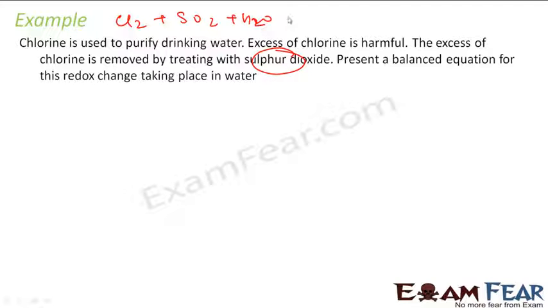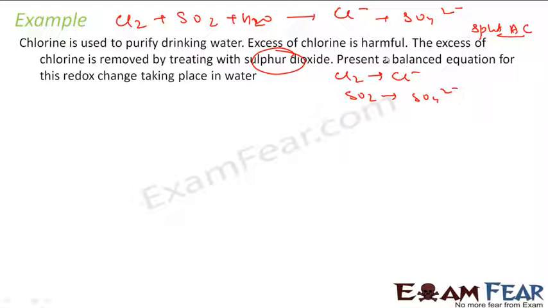Because we are treating water, so this gives Cl- plus SO4 2-, and we have to write a balanced reaction for this.